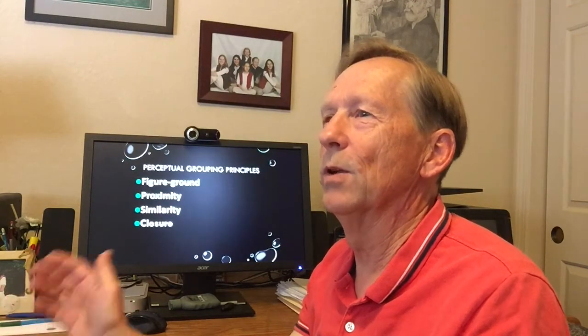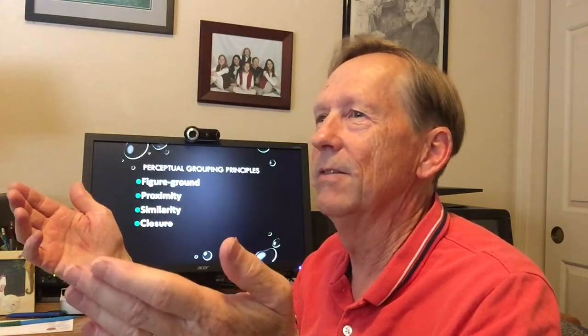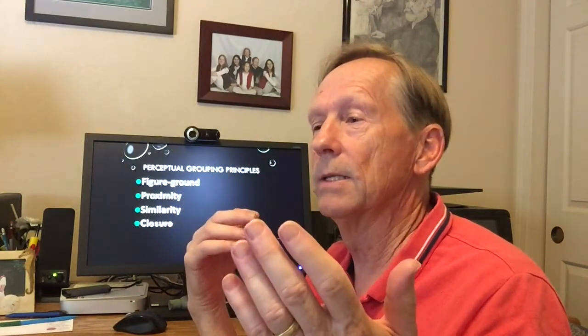We're able to put closure on that and fill in the gaps and make sense of it, even if all the other letters are scrambled up, because of our understanding of the English language and because of our understanding of the words that are used in those sentences.